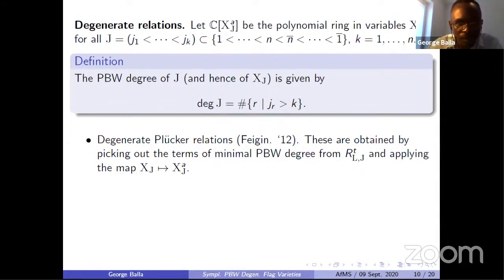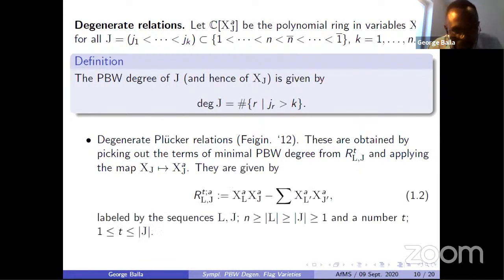He picks out terms of minimal PBW degree from the original Plücker relations, and then he attaches an a on each variable. If you have a product, you give a degree to each of the variables, and then for the product, you take the sum. So we have the same relations, but now we have only terms having the minimum PBW degree.